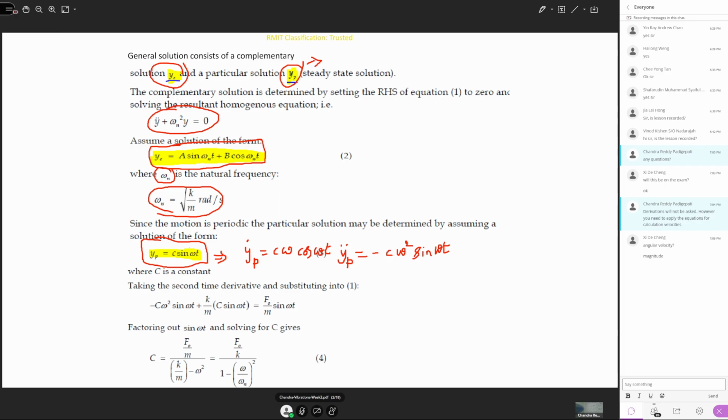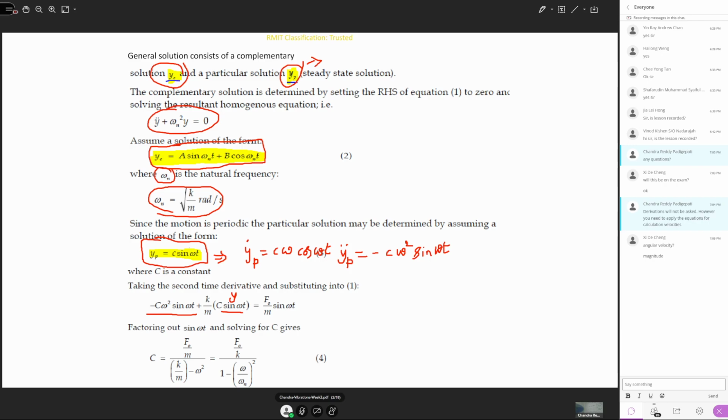The first term is y double dot, which is negative c omega square into sine omega t. Plus, from the previous equation, k by m into y. Y is c sine omega t, so instead of y we write c sine omega t.